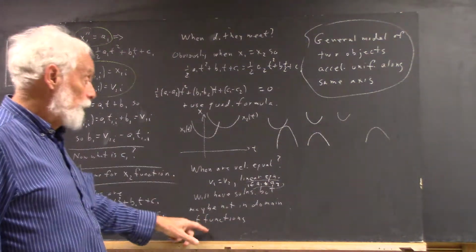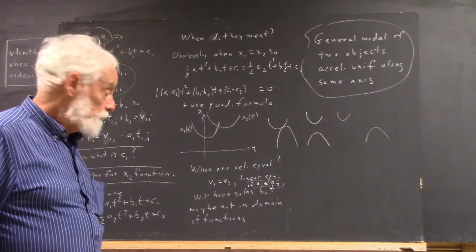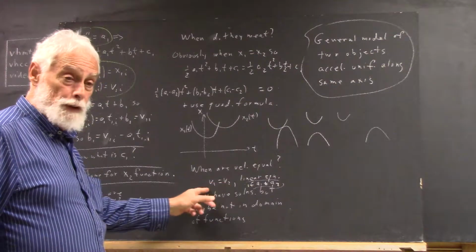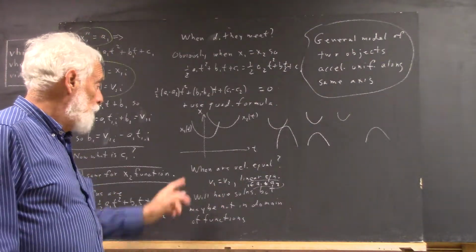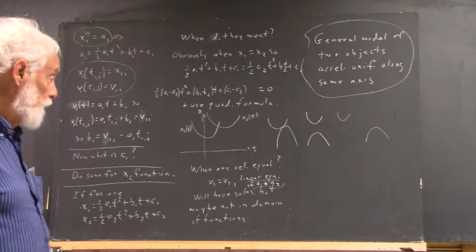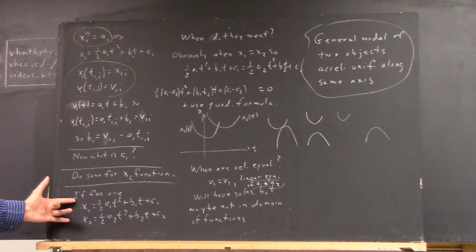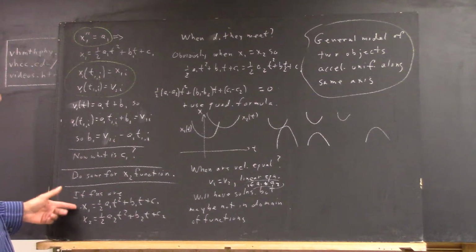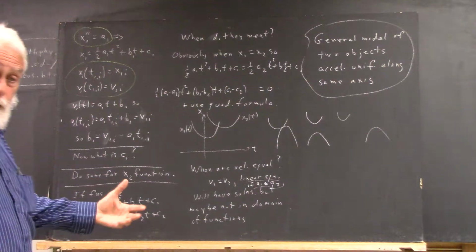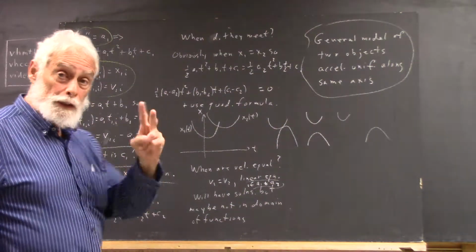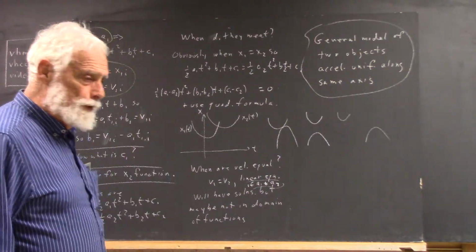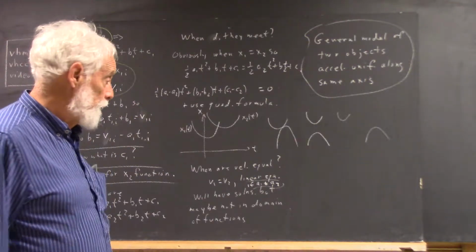How do we get when the velocities are equal? Well, we set V1 equal to V2. V1 and V2 are both linear equations. They're both derivatives of these, each is a derivative of the corresponding quadratic, so it's going to be linear, meaning you're going to have two straight lines, meaning that you'll have at most 1 point of intersection.